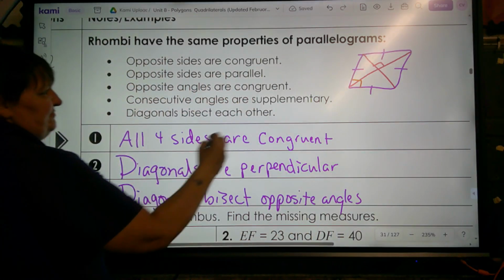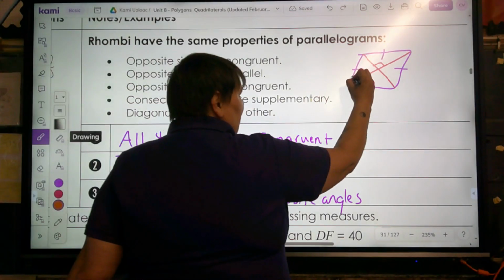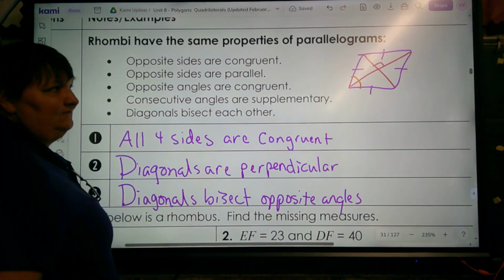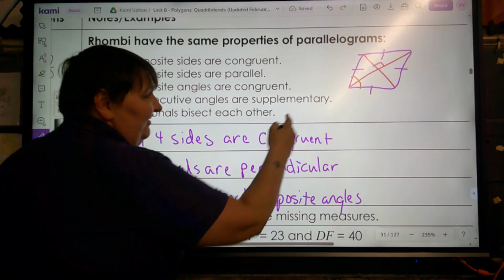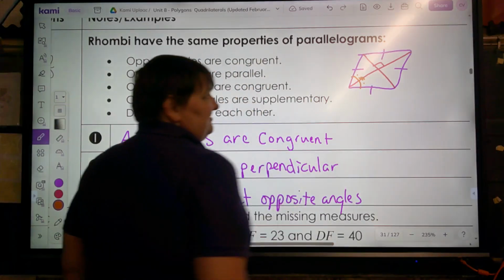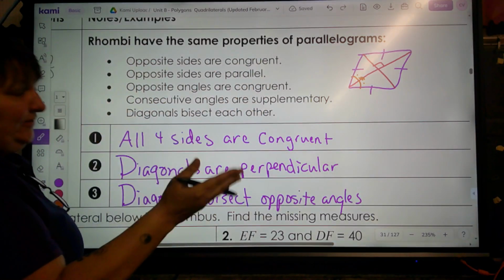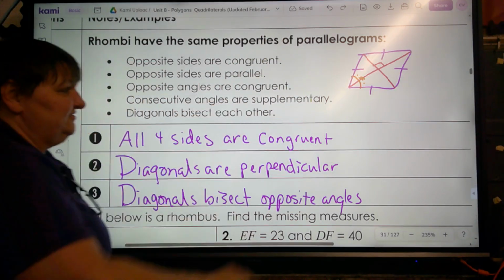I don't want to put it as a box because it might not be 90. All right, you have this angle, and the diagonal line cuts it in half. It bisects it. So whatever this is, it's equal to this because we cut it in half. And that applies to all four corners.